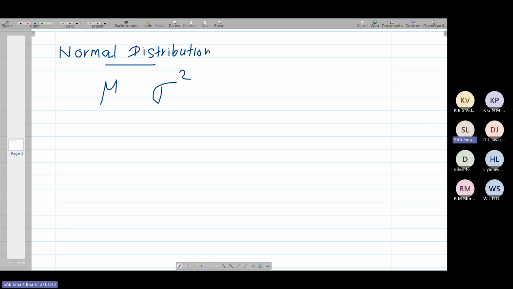Then another point is that the normal distribution is a continuous probability distribution. Continuous. We cannot always get clearly separated values. There is an infinite number of variations between two measures. Therefore, the curve of the normal distribution is smooth.